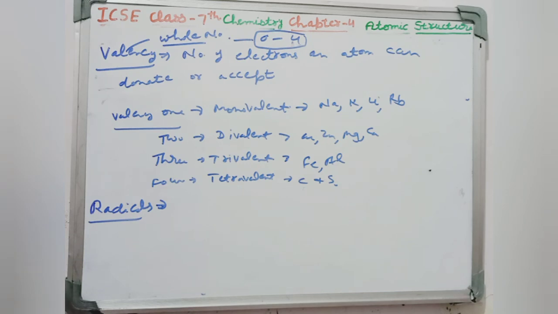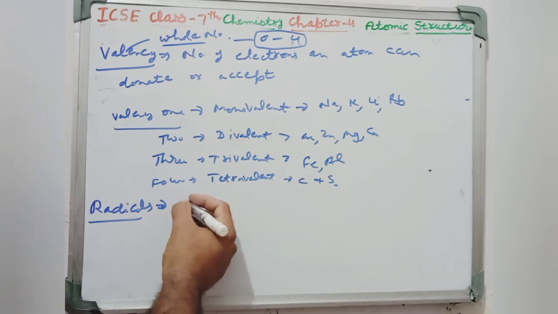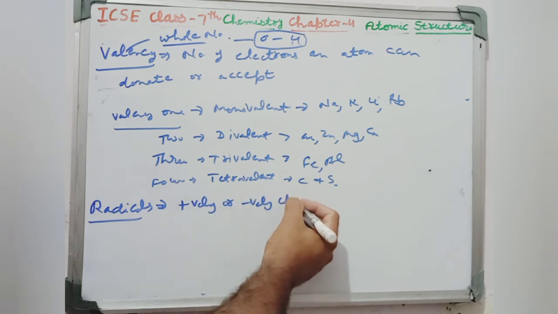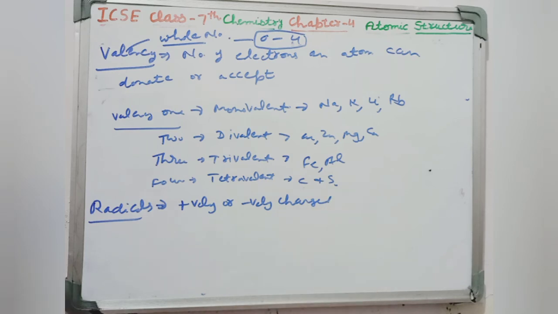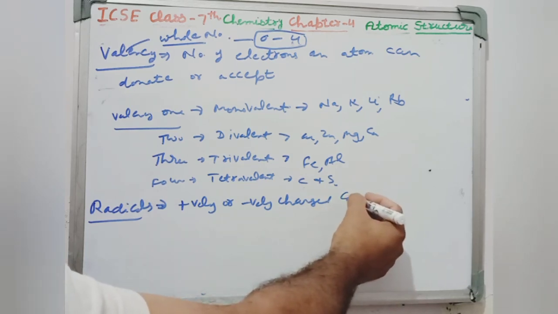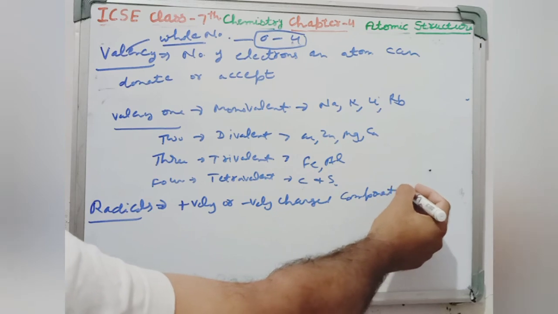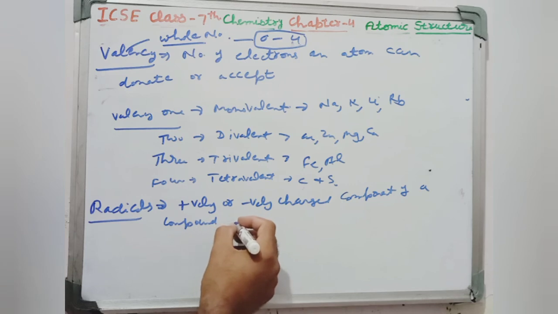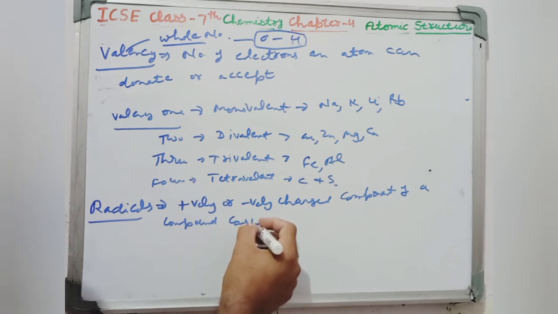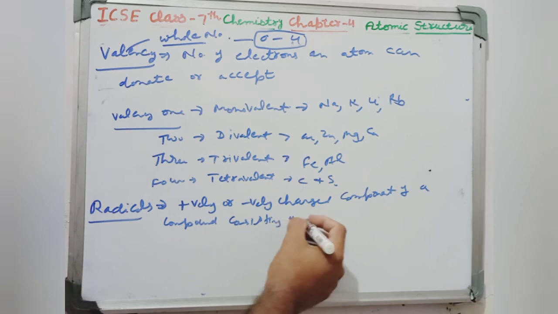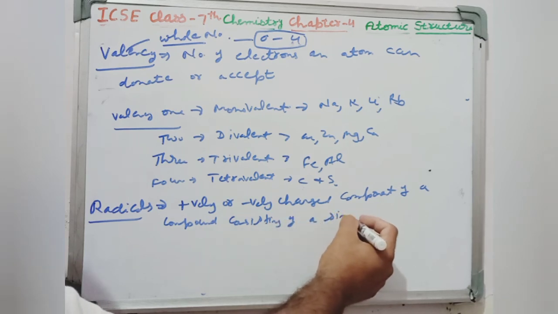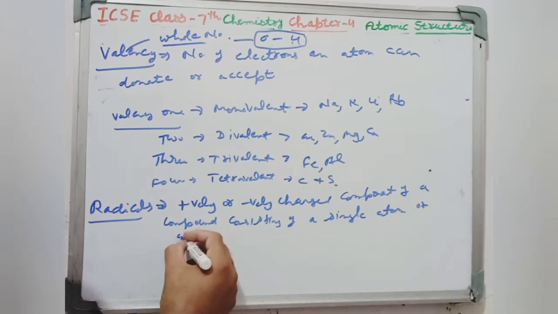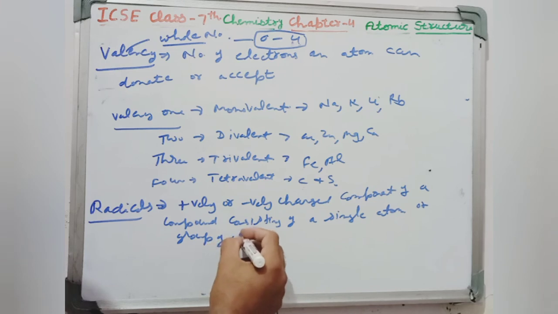A radical is a positively or negatively charged component of a compound, consisting of a single atom or a group of atoms.